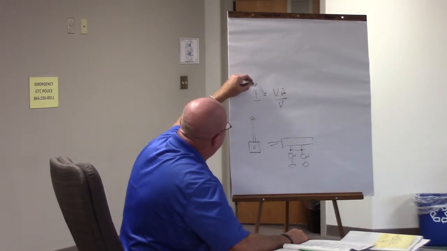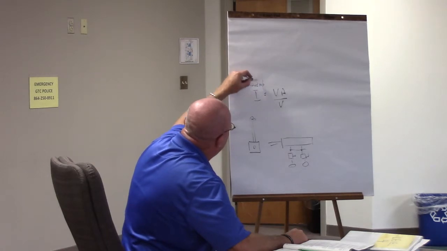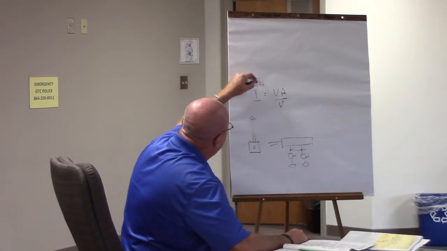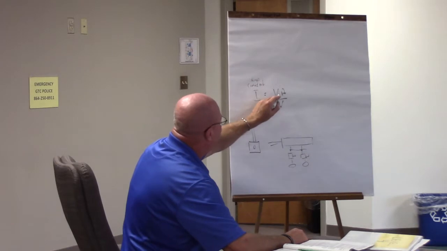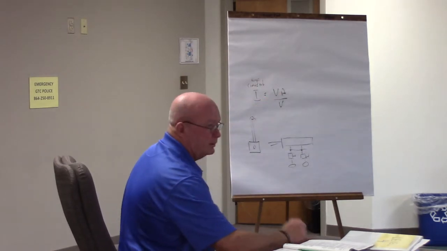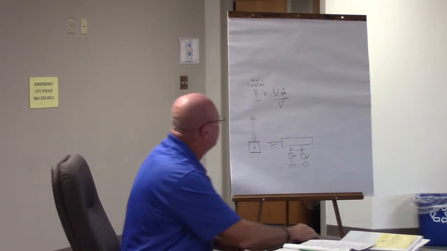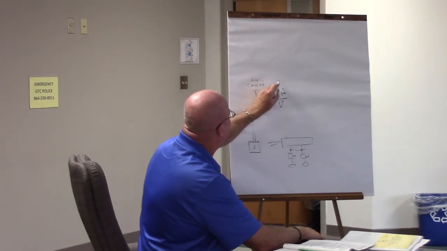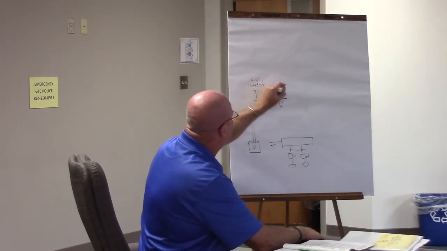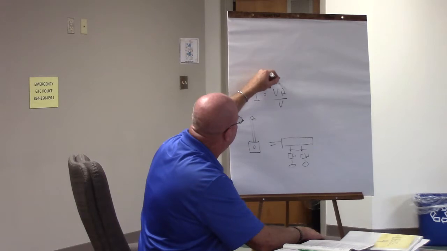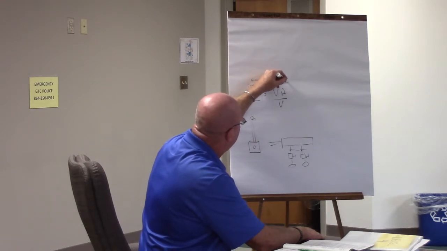Yeah, current, or amps. Volt amps is just volt times amps, right? That's really what that is. So the V is volts, and VA is volt amps.